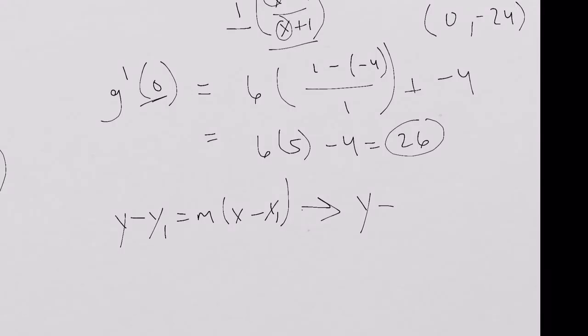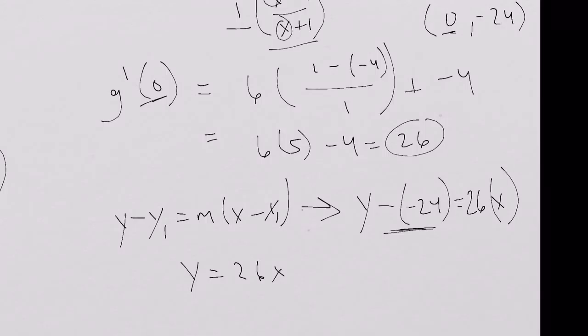So y minus y1 equals the slope, which is 26 times x minus x1. So in this case, x minus 0 will just be x. So I have y equals 26x. That's a plus 24 here, but I'm going to subtract it to the other side, and I get 26x minus 24.